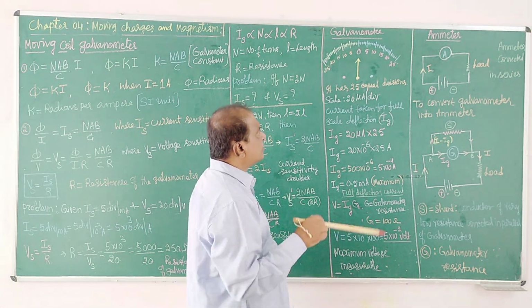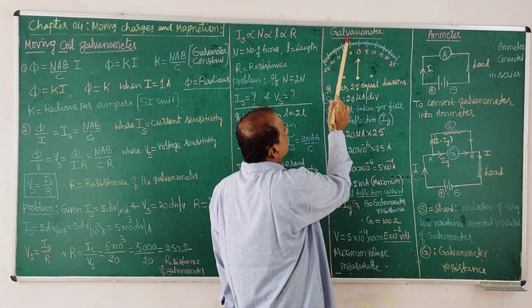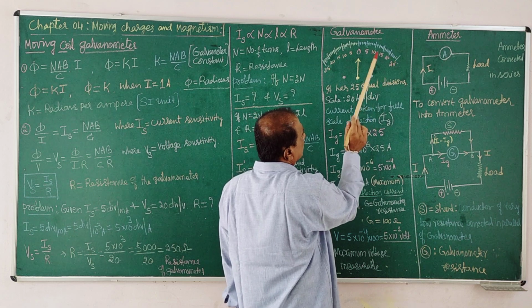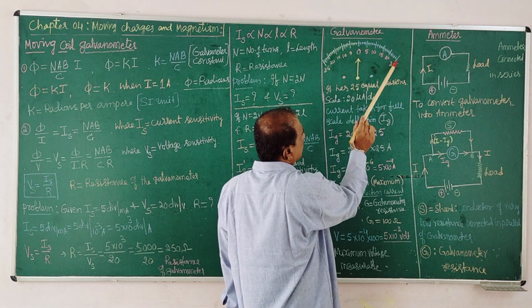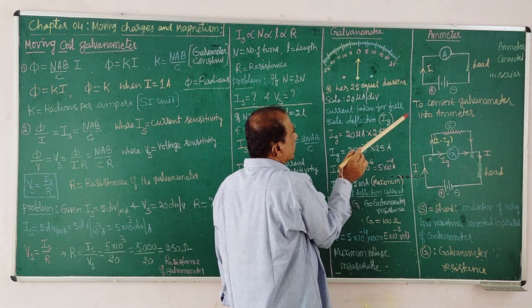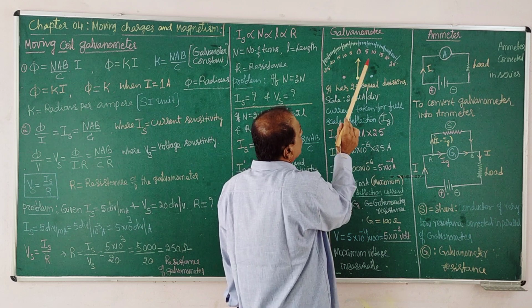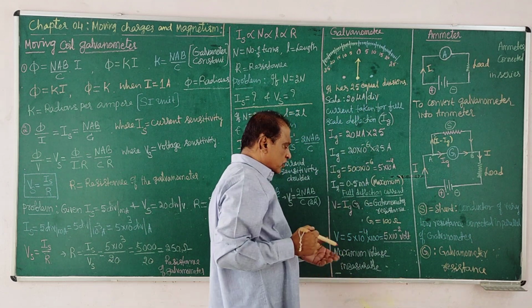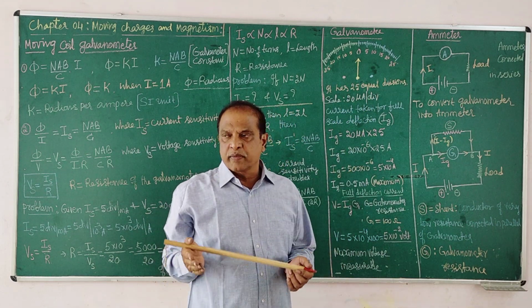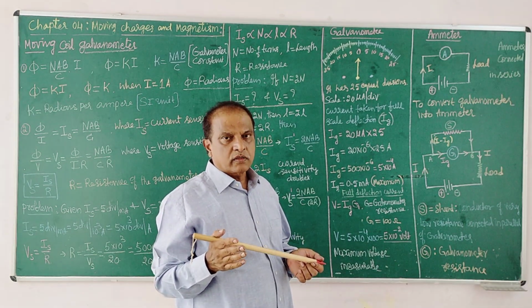And what is the maximum current it can record? Maximum deflection is this. When it is completely towards 25, what would be the current? It is the maximum current it can record, not more than that.